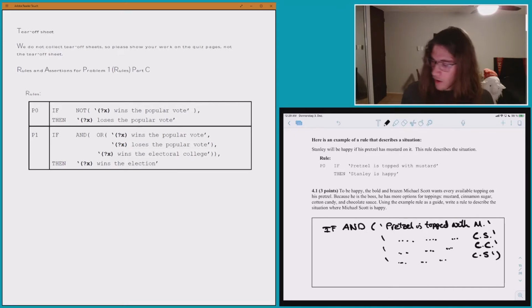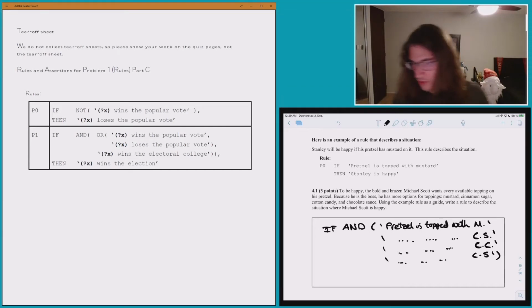So if all of those toppings are true, then Michael Scott is happy.